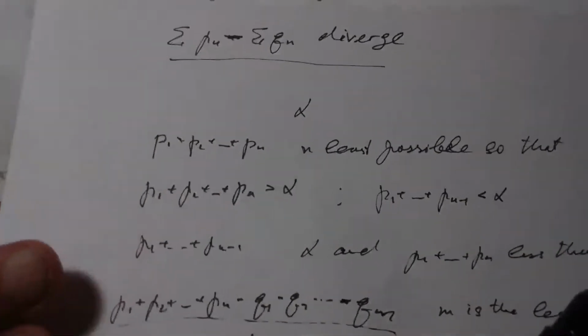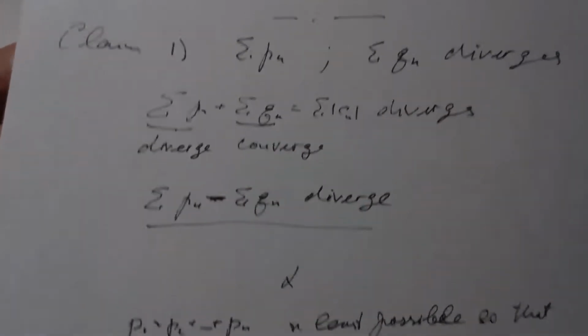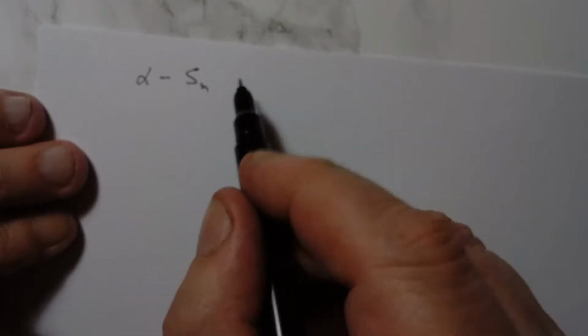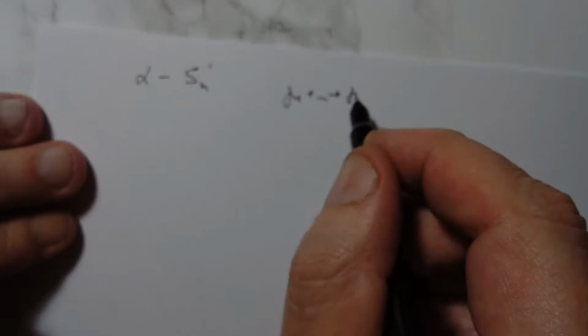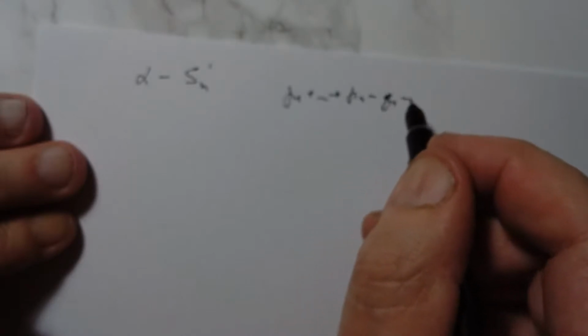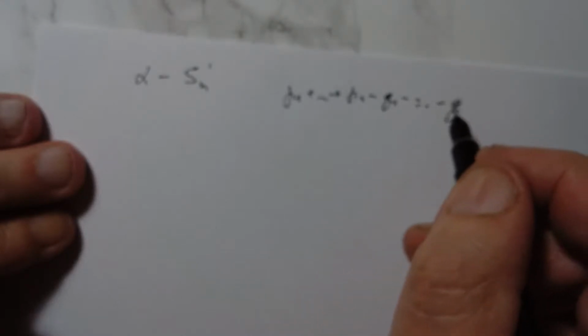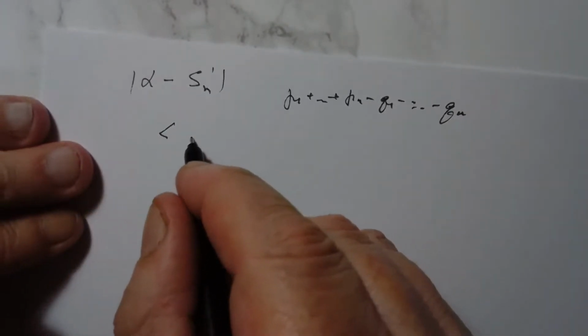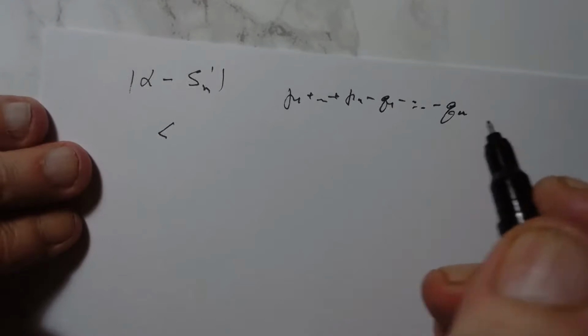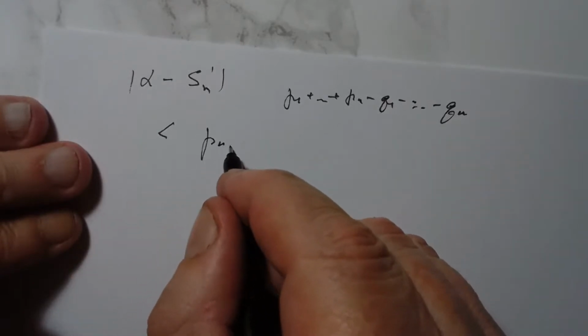Okay, and so if you do this construction very, very carefully, then the result will be that alpha minus this partial sum, which is a partial sum of P1 plus etc. plus Pn minus Q1 minus etc. minus Qm, the difference will be less than the maximal value of the Pn and Qn.